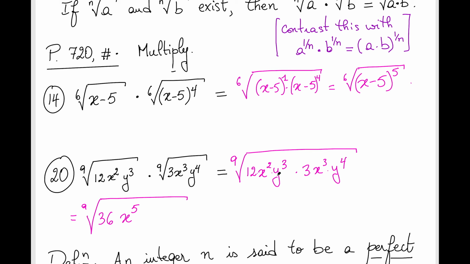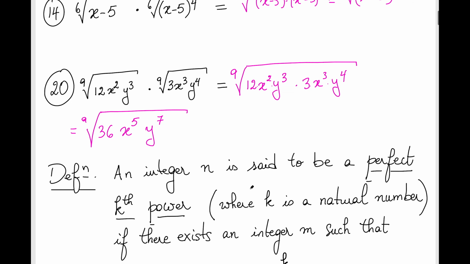And similarly for the y cubed times y 4, that is y to power 3 plus 4, and 3 plus 4 is 7. Correct? Remember, when you multiply two expressions having the same base, you keep that base and you add the powers.